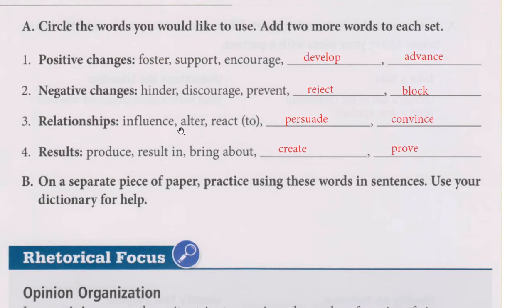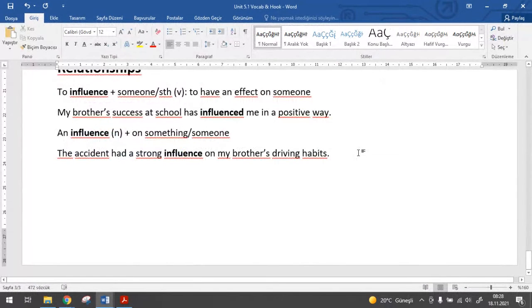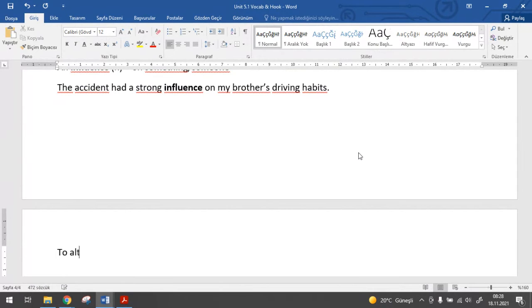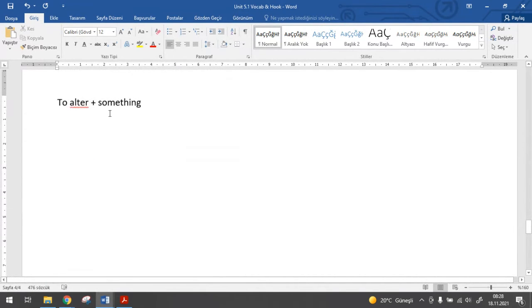When you read academic articles, when you read essays, you see this word often, and you can start using it as well. What is to alter? Again, we need an object. Does anybody know the word alter?